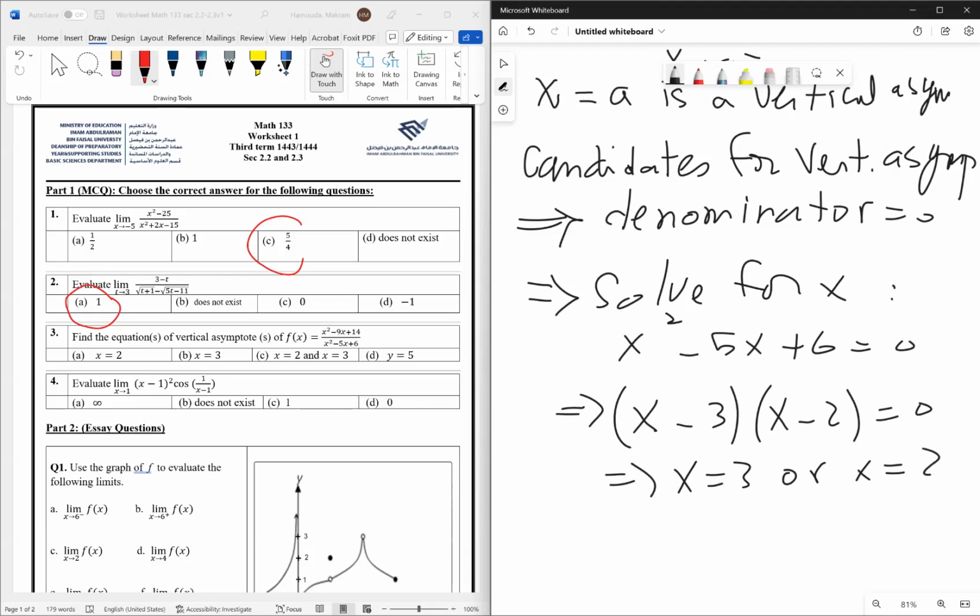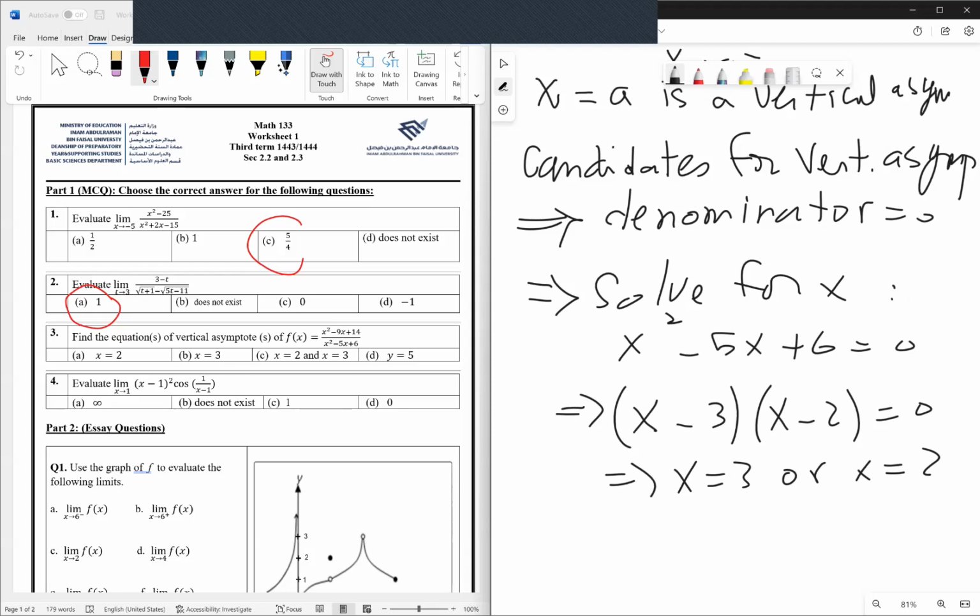So these are candidates for the vertical asymptote. What is remaining to confirm that one of them or both of them are vertical asymptote? We need to compute the limit at this point. So limit f of x when x approaches 3 is equal to the limit of the function.